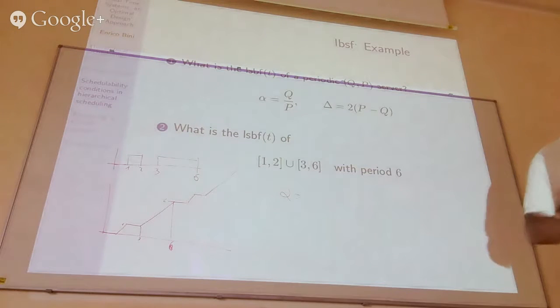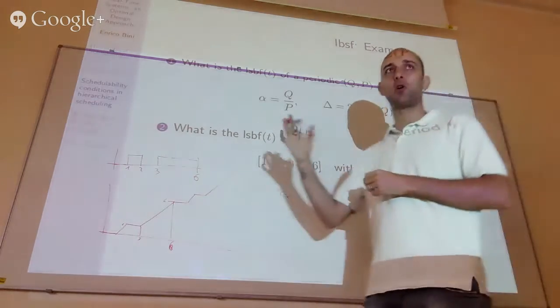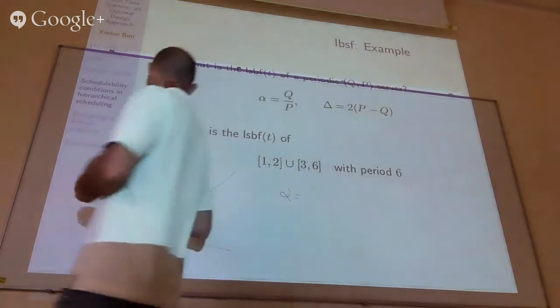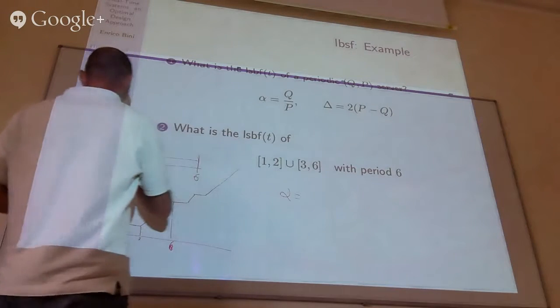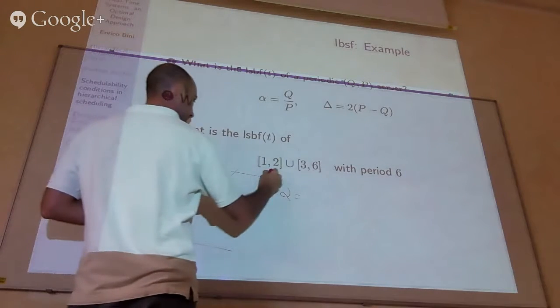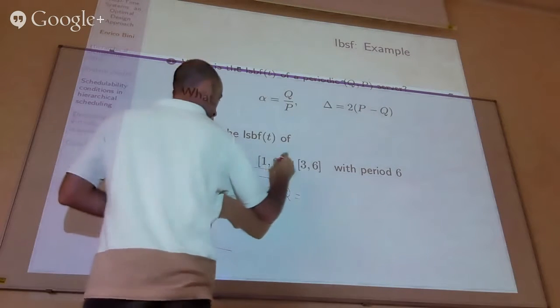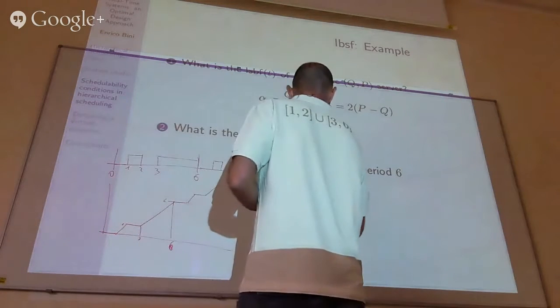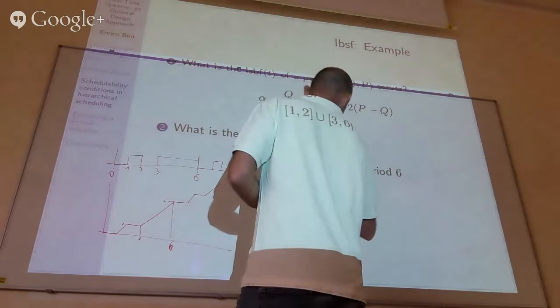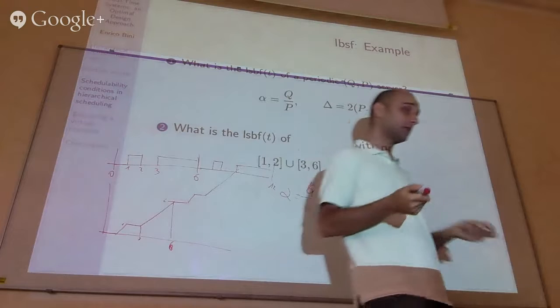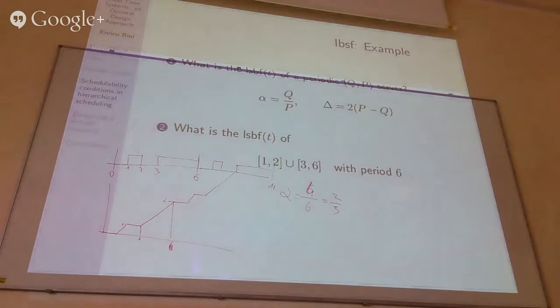The bandwidth is the amount of resource you have in the long run. If you have a scheme that periodically allocates, so here from 0 to 6 you have that, but then it repeats. 4 over 6. Which is good. But that's like the utilization, right? Now, can you also see what is delta?